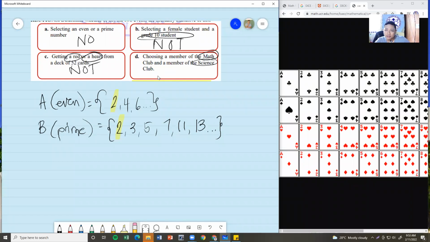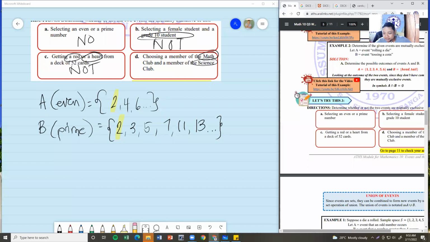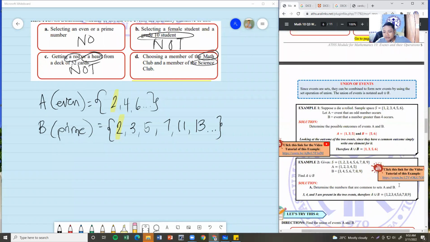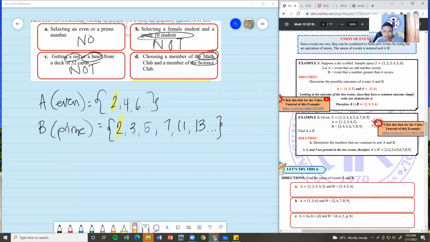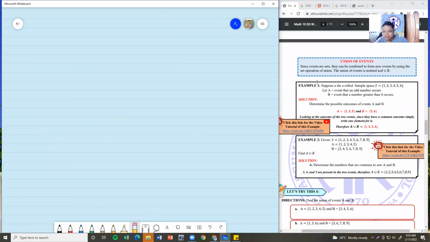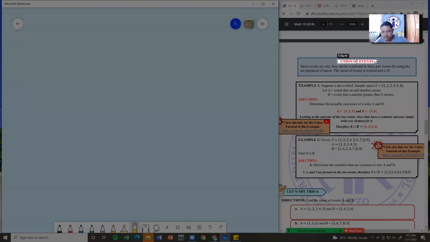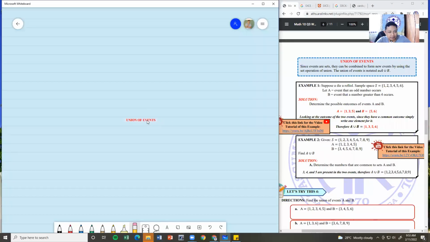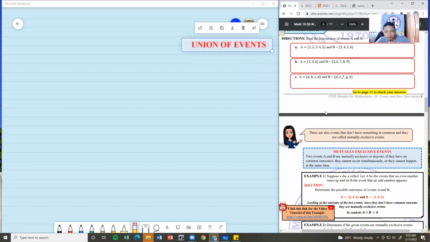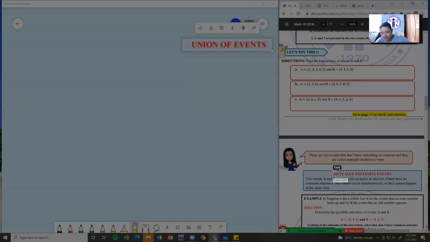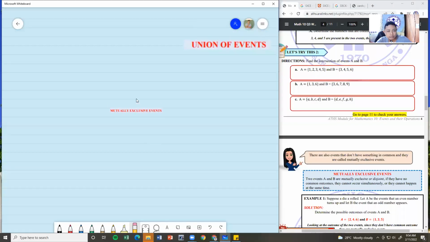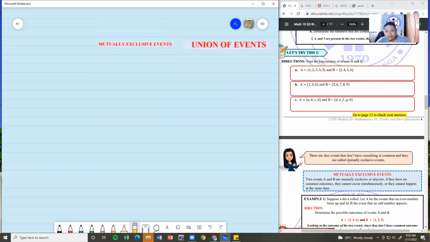And the null set symbol will be used to denote that concept. Okay, very good. Next will be the union of events. This is just very simple. Let's just familiarize everything again. We already have three concepts used. We have the union of events. We also have mutually exclusive events. And we also have the intersection of events.